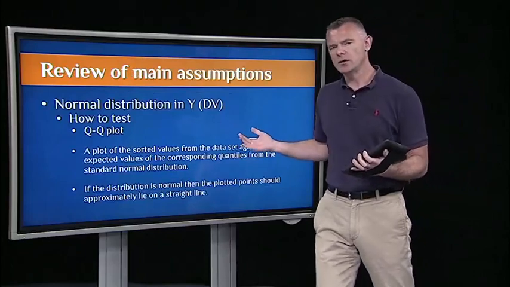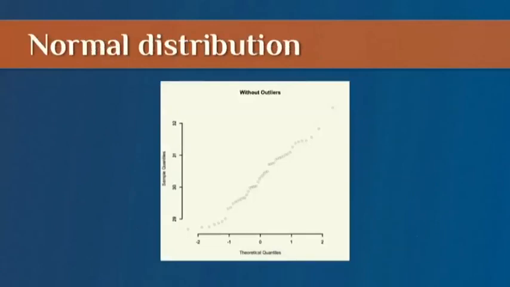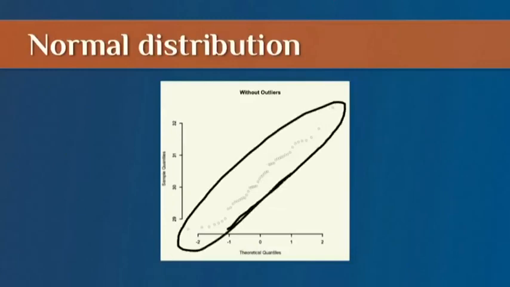Another way I could observe those is through this QQ plot, which is a plot of the sorted values from the data set against the expected values of the corresponding quantiles from the standard normal distribution. In a normal distribution, it's a little hard to see perhaps, but what you see in a QQ plot is this nice linear function with all of our data points, where we have our sampled quantiles against the theoretical quantiles.